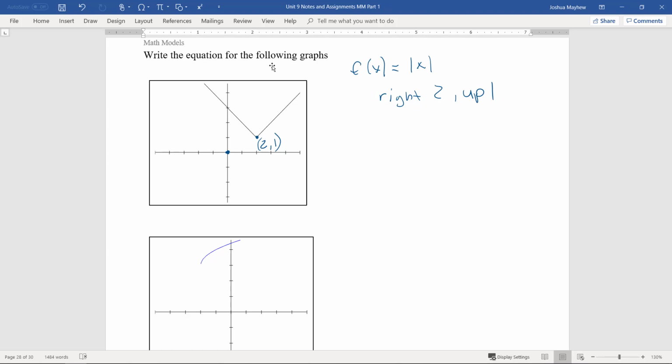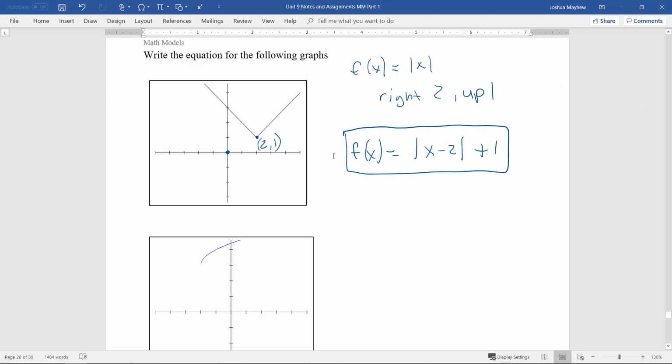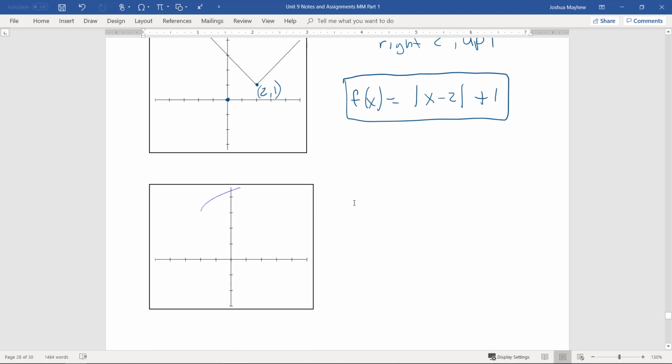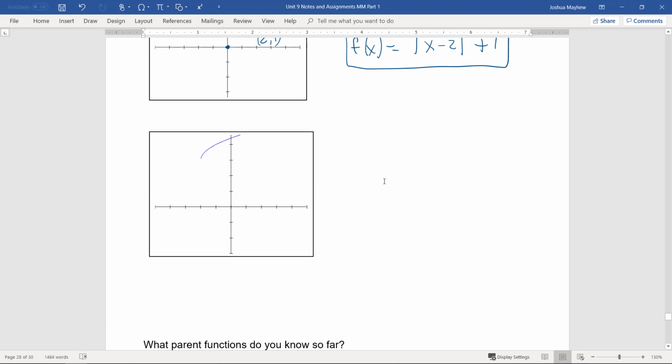So my equation, right 2, happens on the inside of this absolute value bracket, and it's opposite, so x minus 2 on the inside, and up 1 would be a plus 1 on the outside. Okay, and that's what the equation of that graph is. Little tougher to get these, but not impossible. You guys are smart. I bet you can handle it.